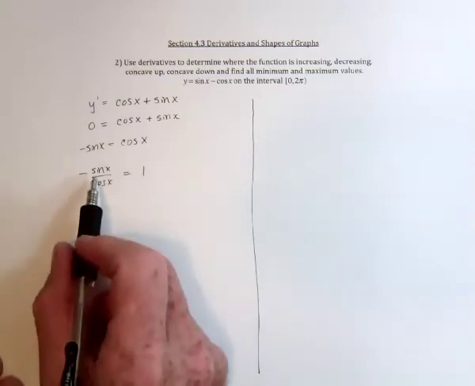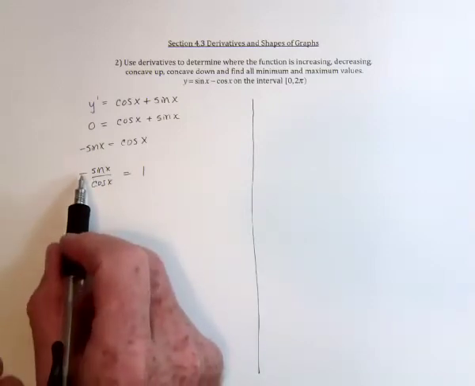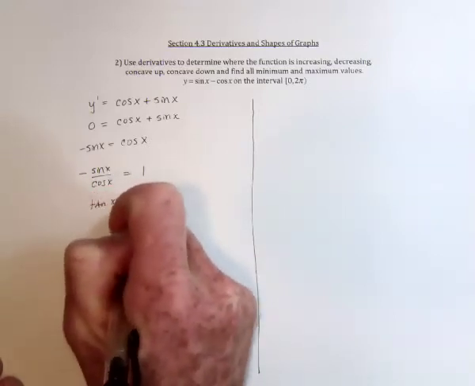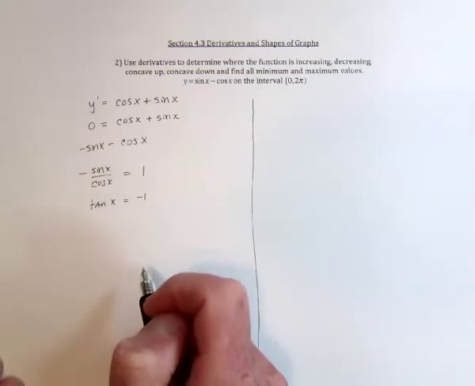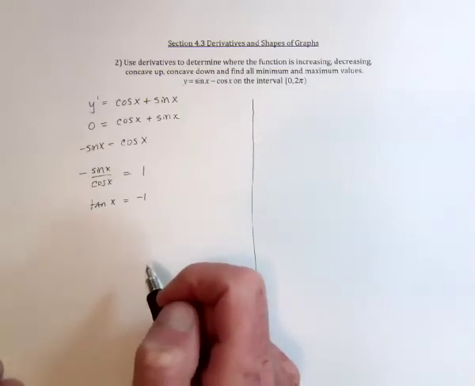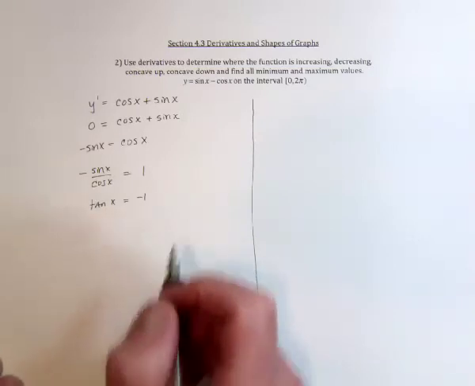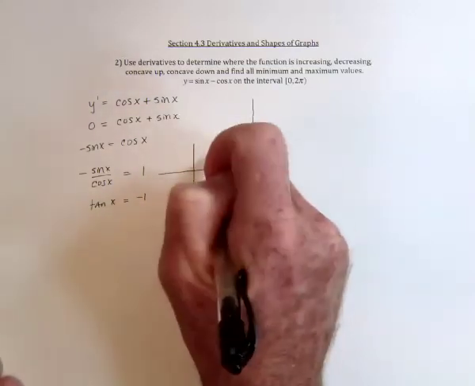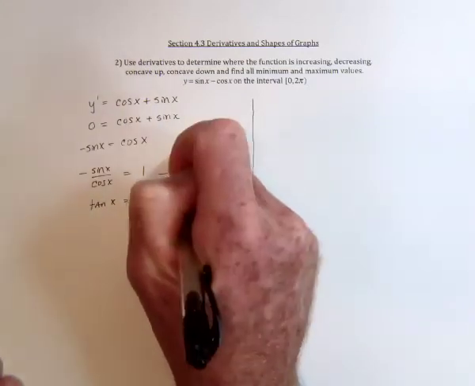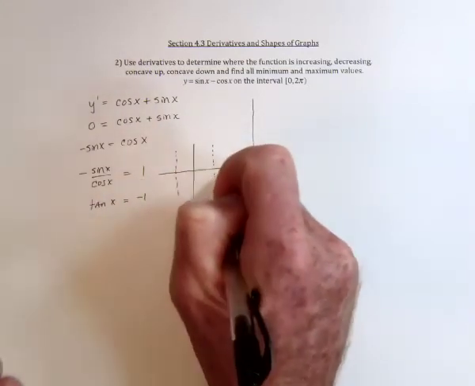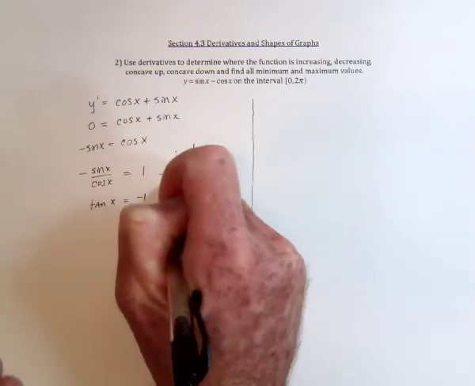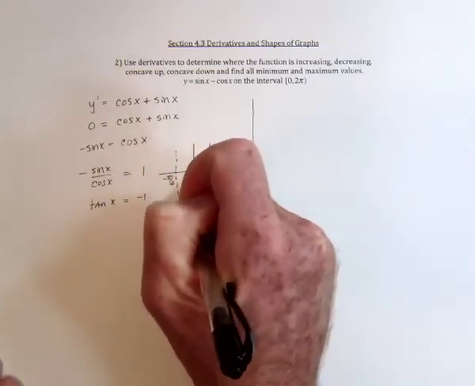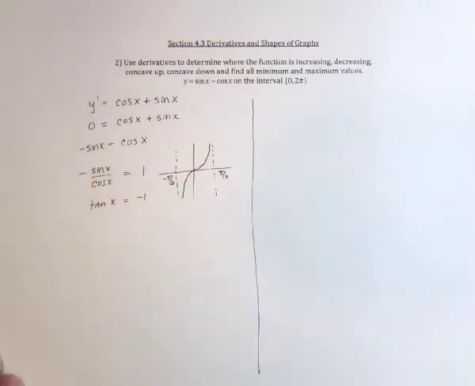And this right here is tangent. We can take the negative and move it to the other side, so we've got tangent is equal to -1. Well, the graph of tangent has asymptotes at pi over 2 and negative pi over 2, and then it looks about like this for one branch of it.